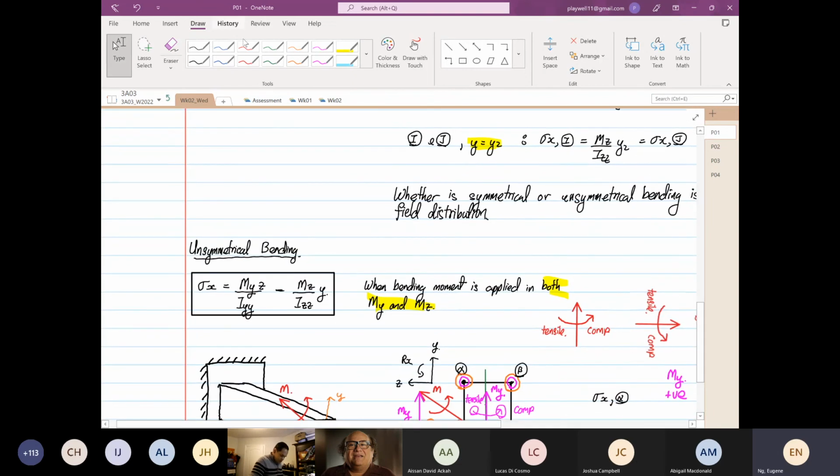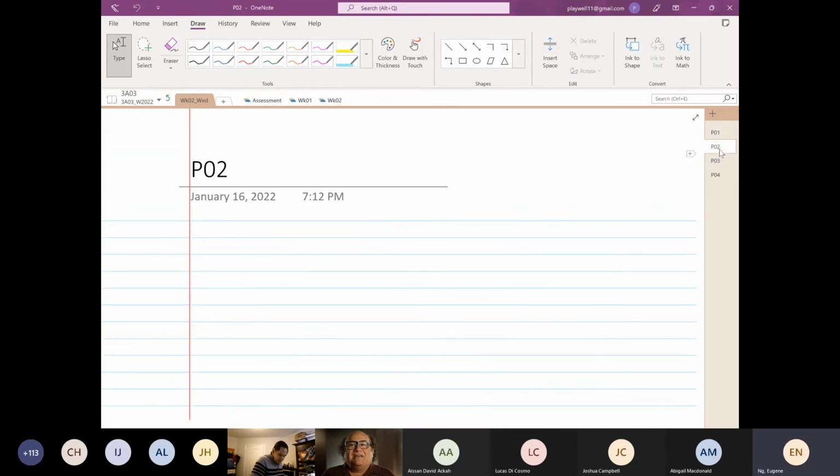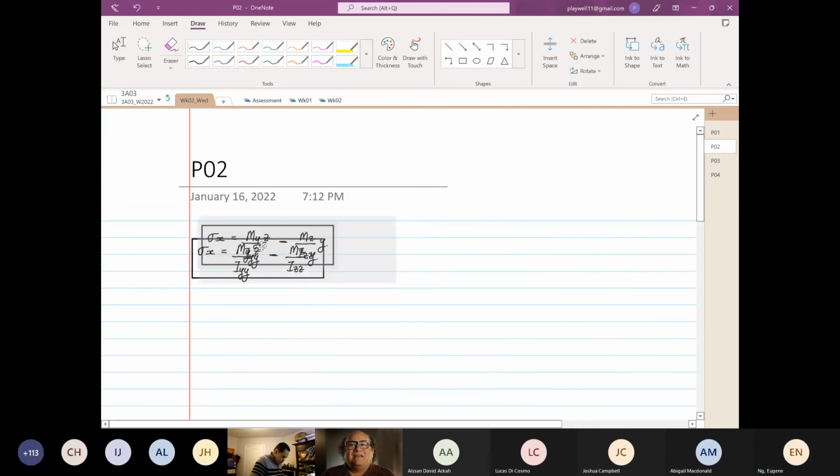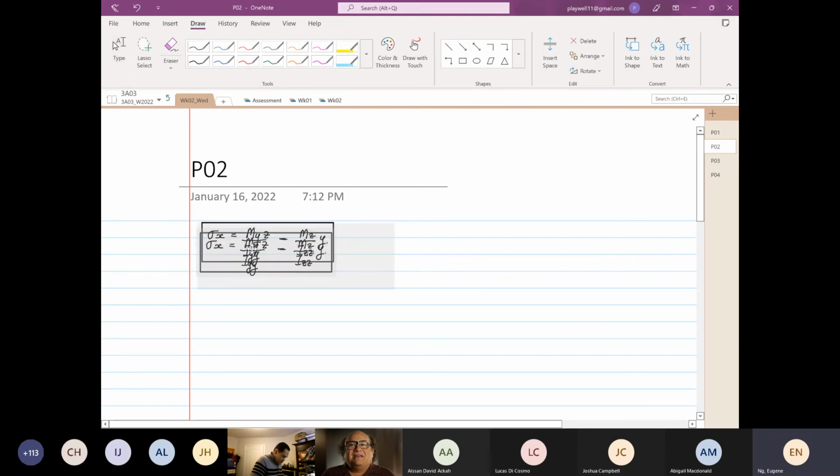Okay. So I'm going to go into this formula over here, and I'm going to paste over here. Okay. So My and Mz is usually not a problem.